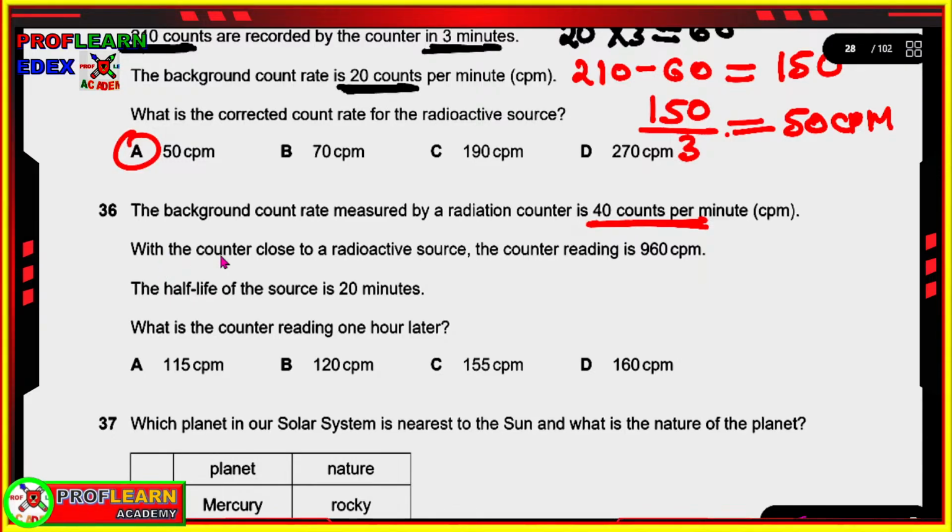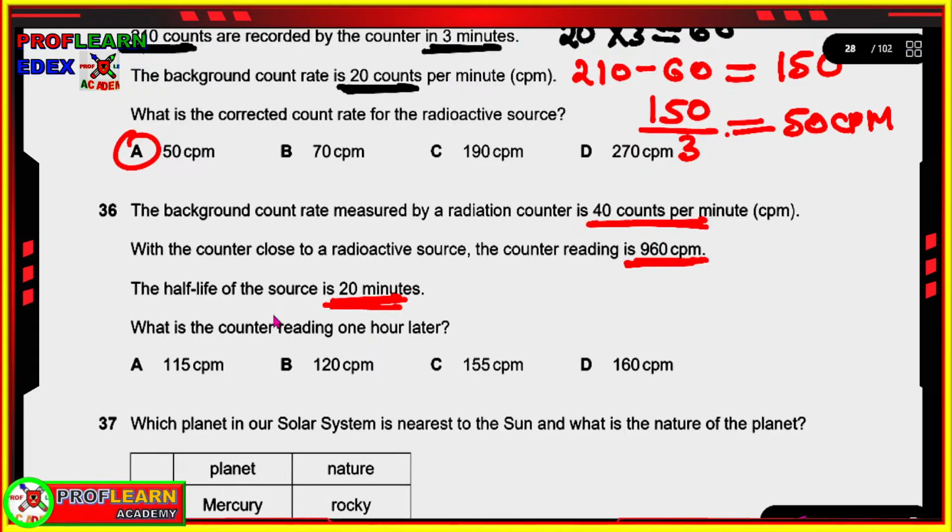With the counter close to the radioactive source, the counter reading is 960. The half-life of this source is 20 minutes, and half-life is the time taken for the activity of a radioactive substance to decrease by a half, right?